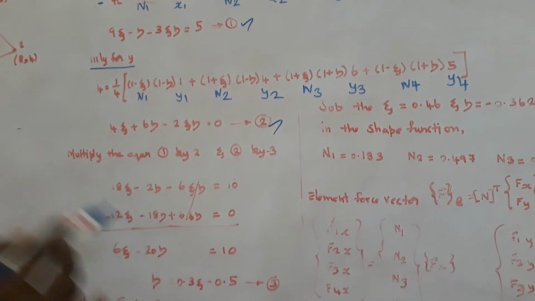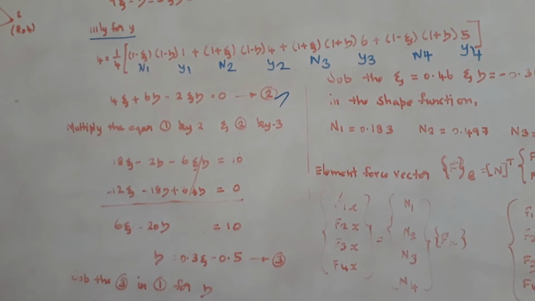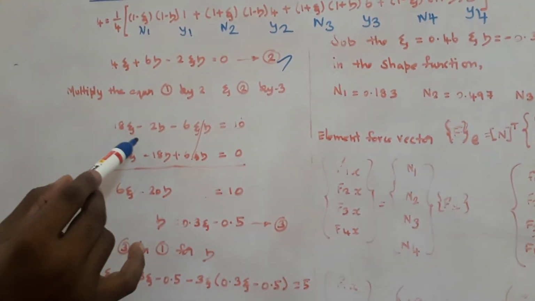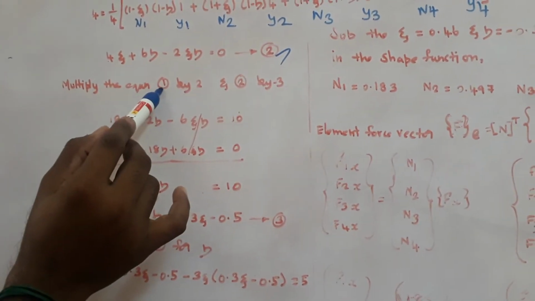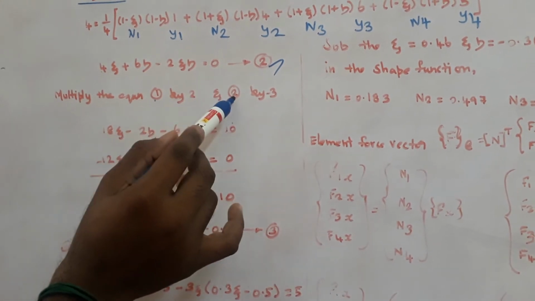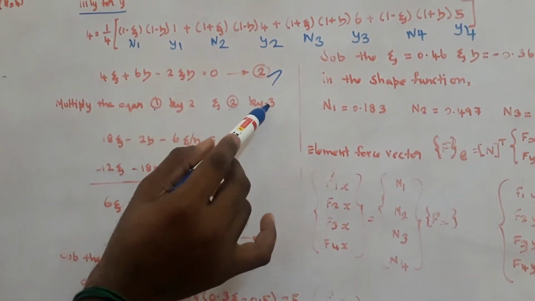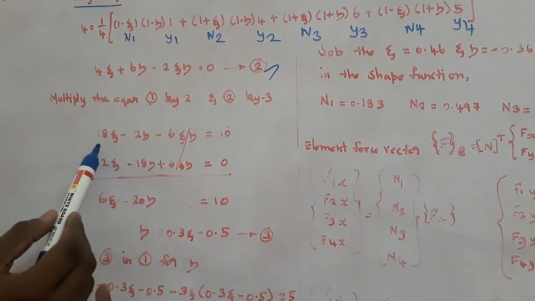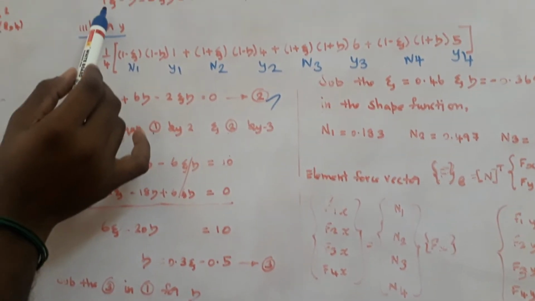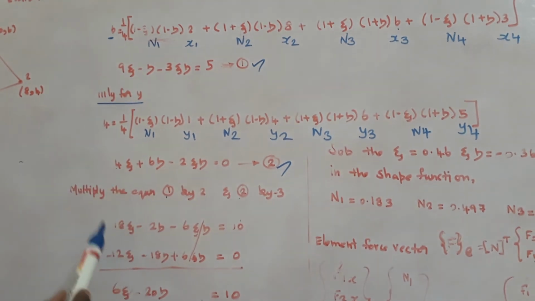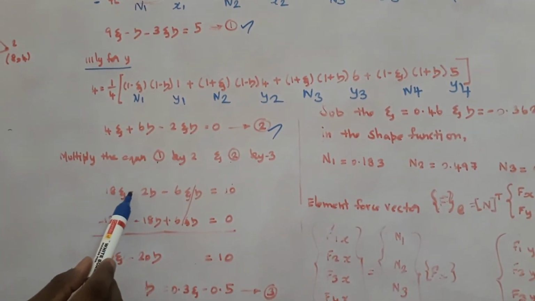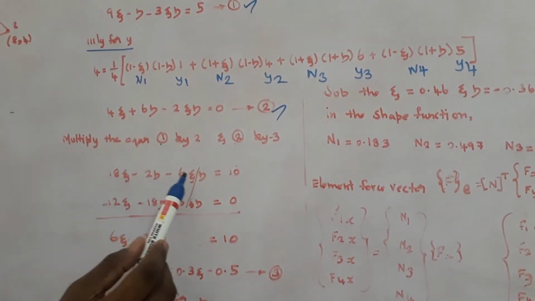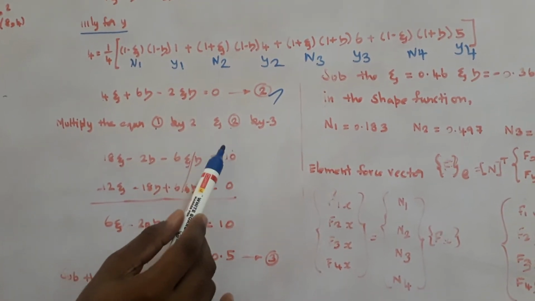Then we have to substitute and find the value of eta. We have to multiply equation 1 by 2 and multiply equation 2 by minus 3 in order to cancel the epsilon eta term. When we multiply equation 1 by 2, it becomes 18 epsilon minus 2 eta minus 6 epsilon eta, which is equal to 10.